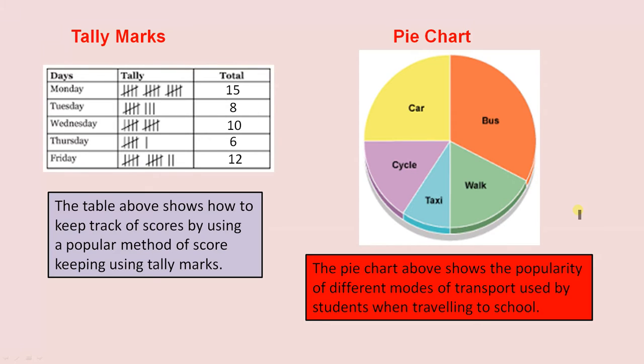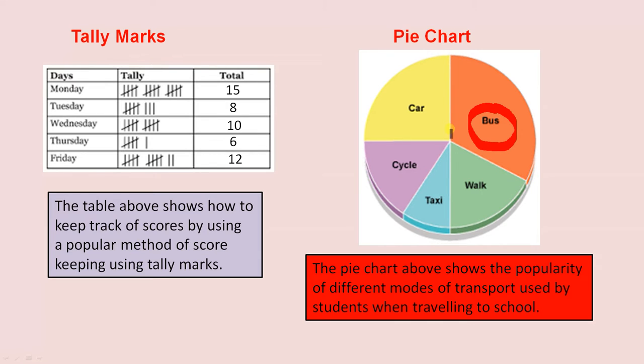The pie chart above shows the popularity of different modes of transport used by students when travelling to school. So it's a very easy and interesting visual way of looking at data. For example, we can see straight away that the most popular mode of transport is the bus, because it is the largest area.